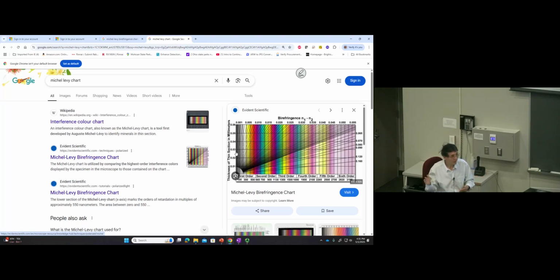When you use white light, because you have different wavelengths, the way they pass through depends on wavelength. So you end up spreading the different colors of the white light. And this is the famous Michel-Levy chart. Those who play with crystallization and a microscope in white light will often see this kind of colorful image.